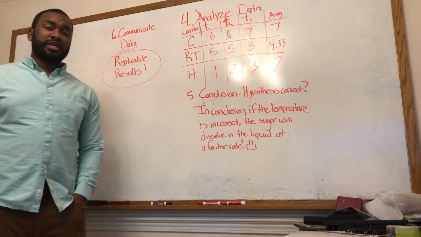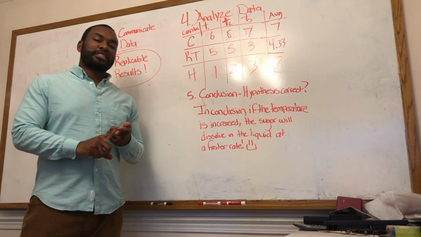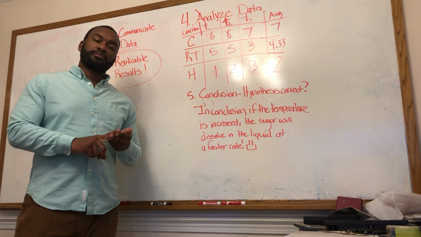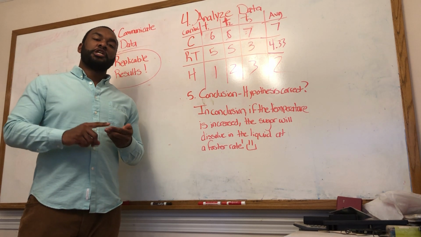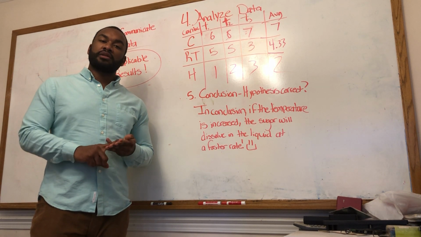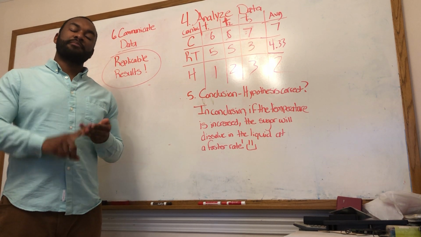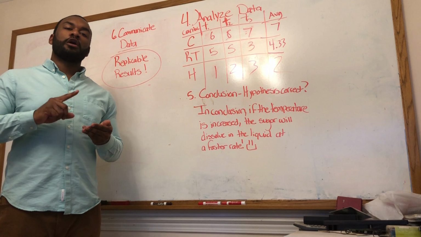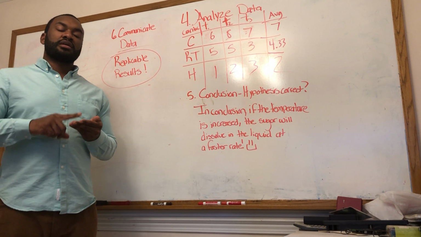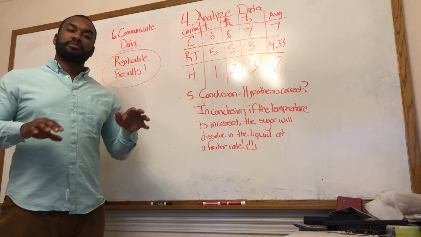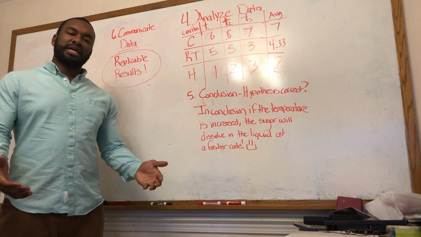I just want to reiterate verbally the steps. Number 1, ask a question based on observation. Number 2, form a hypothesis. Number 3, conduct an experiment, which has 3 variables: controlled, independent, and dependent. In this experiment, our independent variable was the temperature change, and our dependent variable was time.